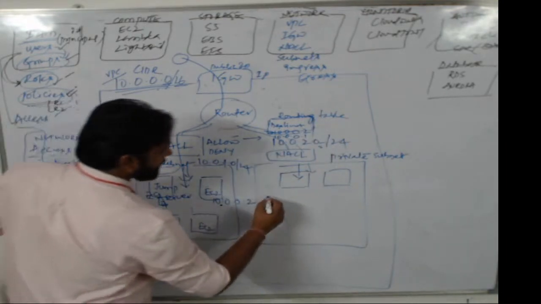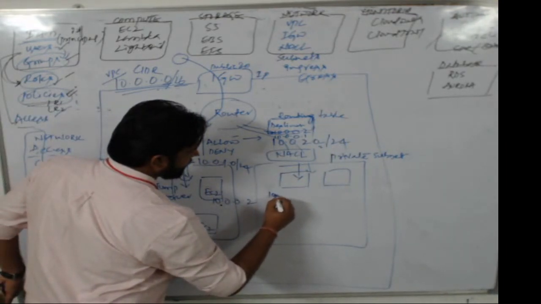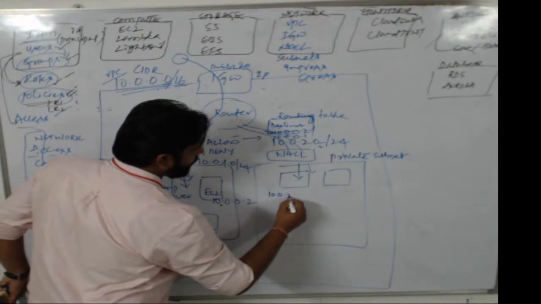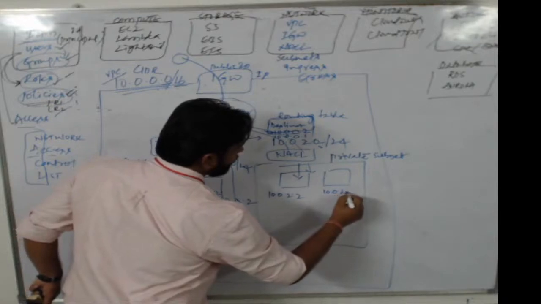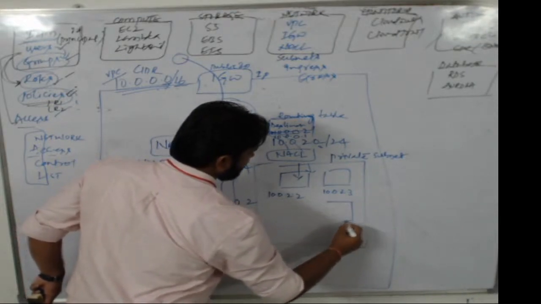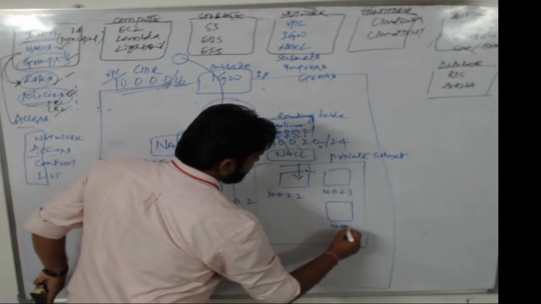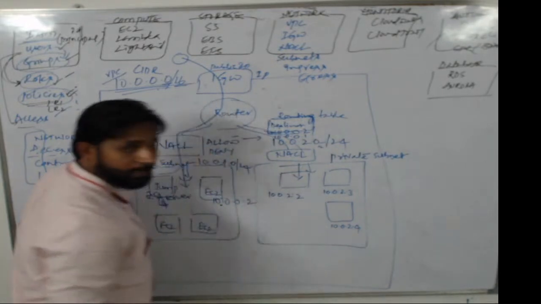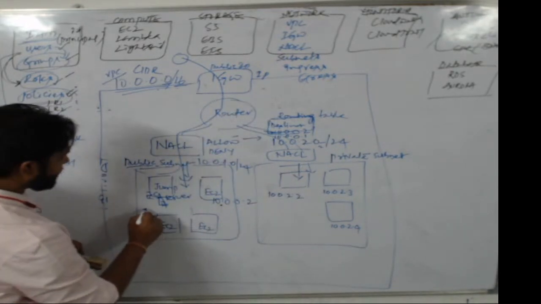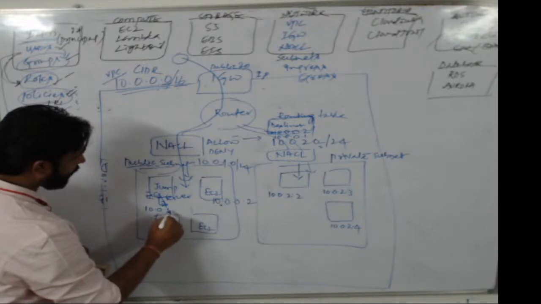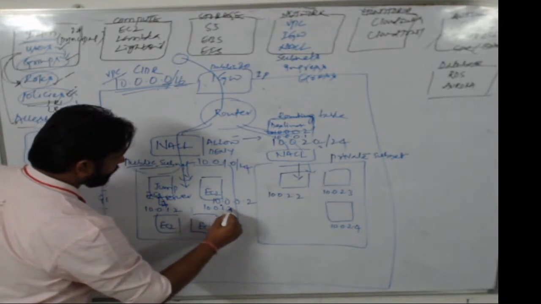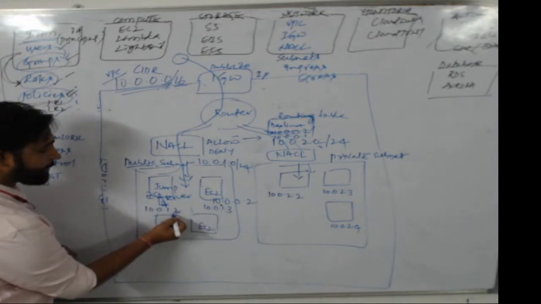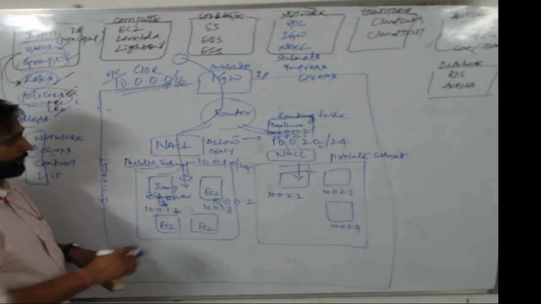So the IPs of EC2s in this one will be 10.0.2.2, 10.0.2.3, 10.0.2.4, like that. Whereas in this one, 10.0.1.2, 10.0.1.3. So the last digit keeps changing. All right. Sorry about that.